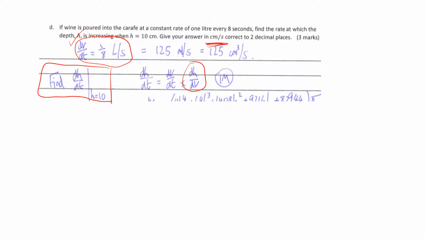So what does align with centimetres in terms of volume? Centimetres cubed. Each centimetre cubed is equivalent to a mil. There's 1,000 mils in a litre, so what you needed to do is take that 1/8 of a litre per second, multiply it by 1,000, and what you got was 125 mils or centimetres cubed per second.